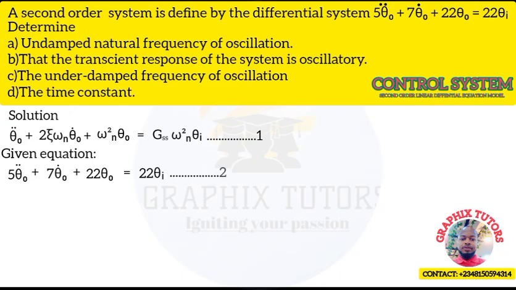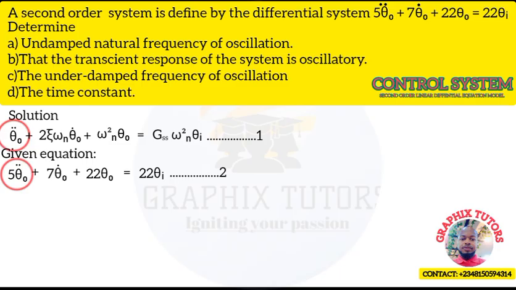So what we'll do here is that we want to be able to compare equation 1 with this equation that is given. And one of the conditions is, if you look at the equation 1 there that we have, the second order term, theta sub o with double dot on it, has no coefficient. So you need to make yours also have no coefficient.